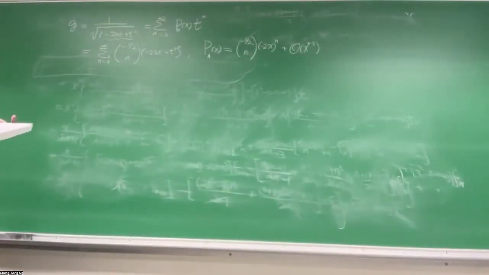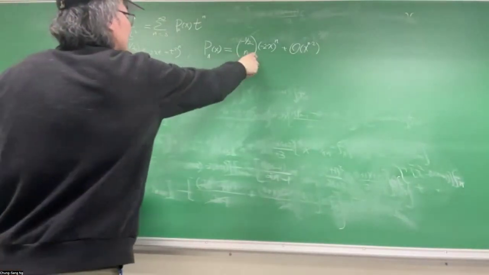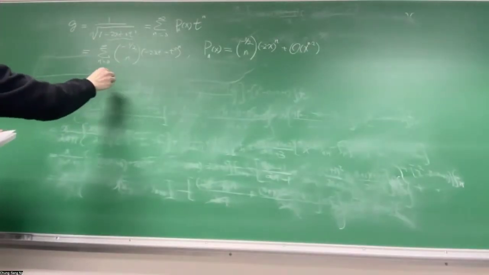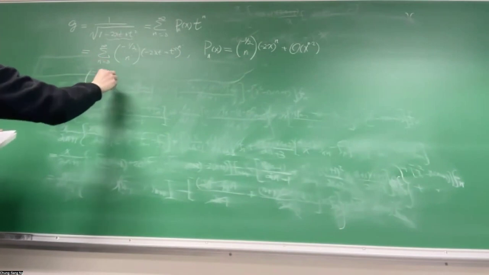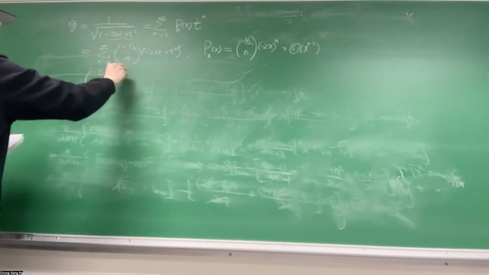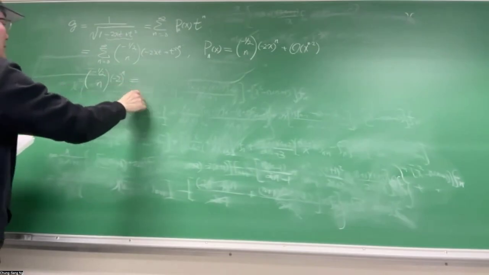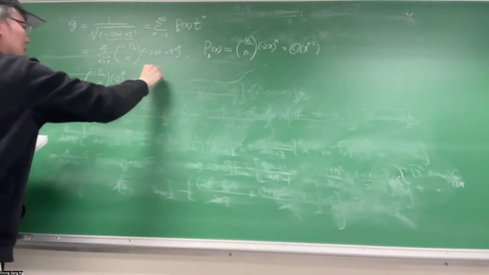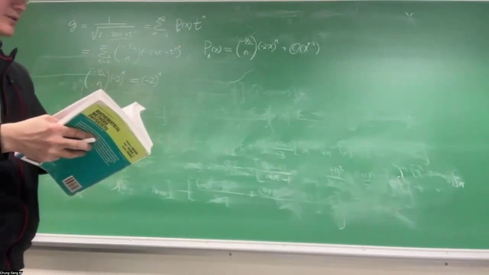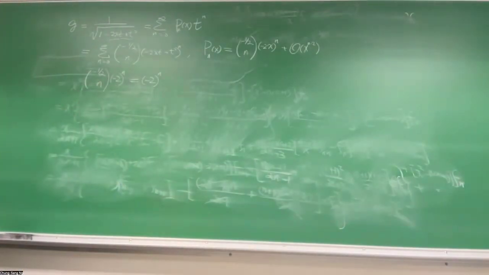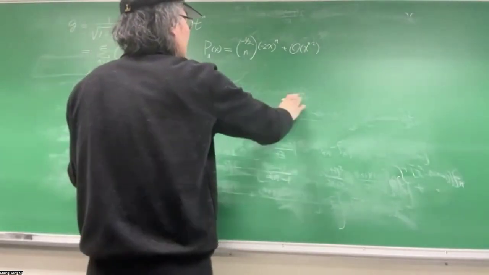This coefficient is given in the textbook, but let's see if we can structure it. So it's minus 1/2 of n and minus 2 to the n power. Okay, let's consider this one. This is the coefficient of the binomial expansion. You can go back to chapter 1, but there's a general formula.